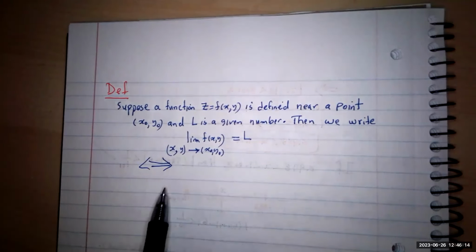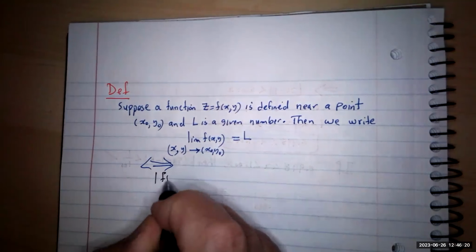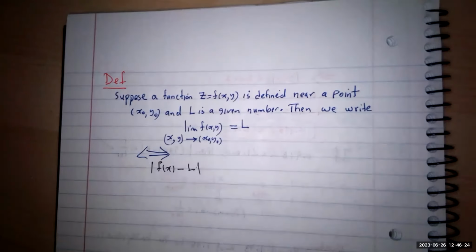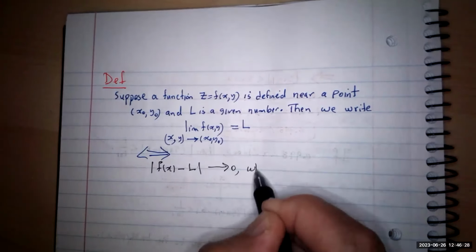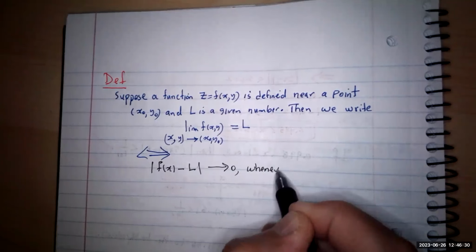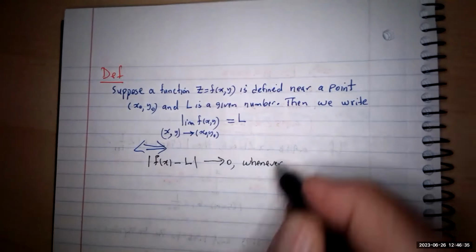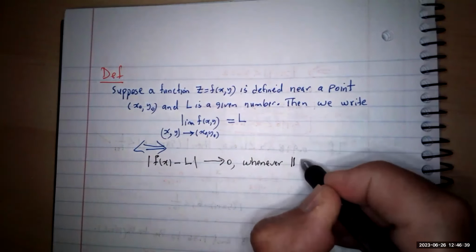If and only if the absolute value of f of x, y minus L, these are numbers, we can use the absolute value, goes to 0 whenever the difference of the points, you cannot use the absolute value, you have to use the norm. Think about them as a vector, as a point in R2.